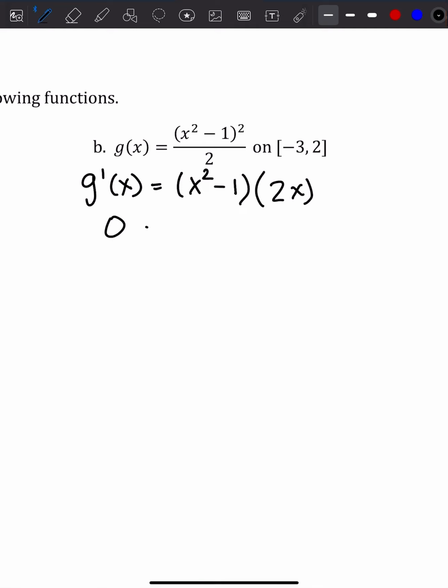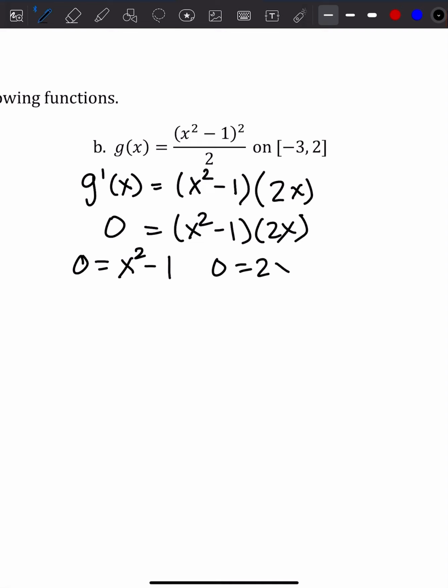We're going to set this equal to 0, so we have x squared minus 1 and 2x. We're going to use our zero product property to look at x squared minus 1 equaling 0 and 2x equaling 0. What squared equals 1? Well, that would be plus or minus 1. And 0 for x. So we have quite a few values here to test.